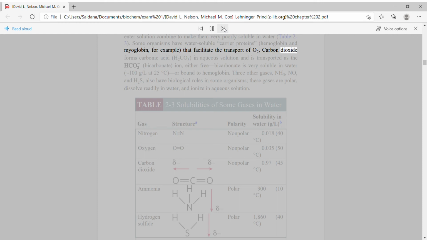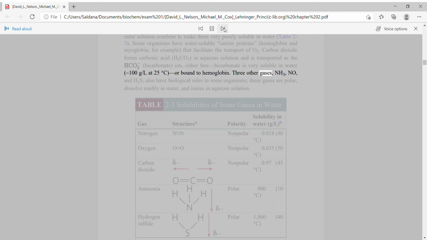Carbon dioxide forms carbonic acid, H2CO3, in aqueous solution, and is transported as the bicarbonate ion, either free, as bicarbonate is very soluble in water, 100 g/L at 25 degrees Celsius, or bound to hemoglobin.